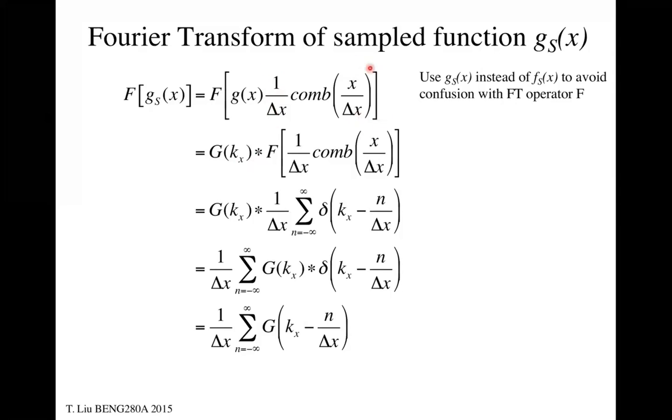And this is why we needed the Fourier transform of the comb function a few slides ago. So the Fourier transform of the comb function is here, right? And again, it's just a set of delta functions separated by 1 over delta x. And we're going to convolve the continuous true Fourier transform of the continuous little g of x with this comb function.